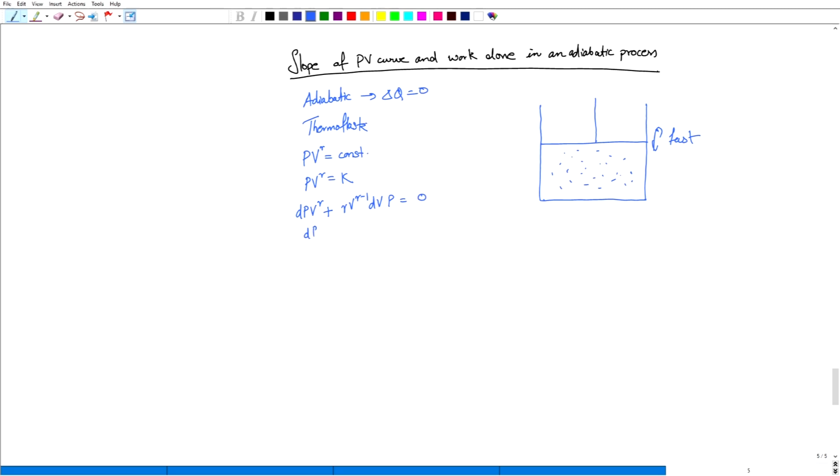So dP by dV is nothing but minus P gamma V to the power gamma minus 1 divided by V to the power gamma, and so that is minus gamma P by V.